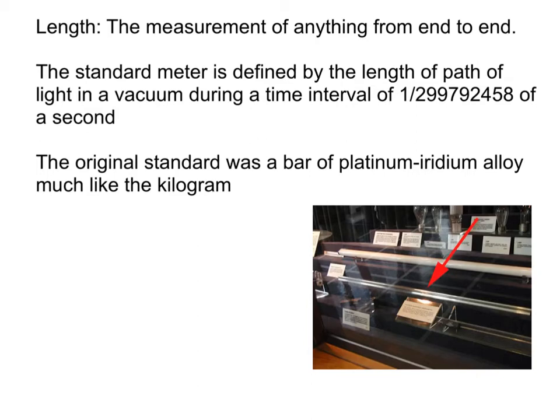This one is now defined physically, and we cannot lose it. They were worried that if somebody blew up the standard meter, we wouldn't know exactly how long a meter was. But now, defining it in this way, we can never forget how long it is. You could always recreate that length.